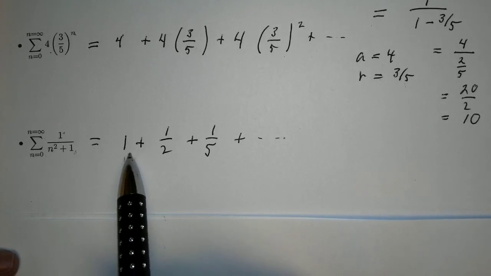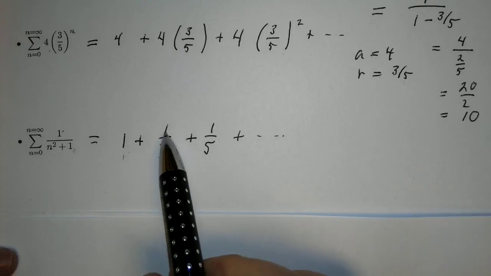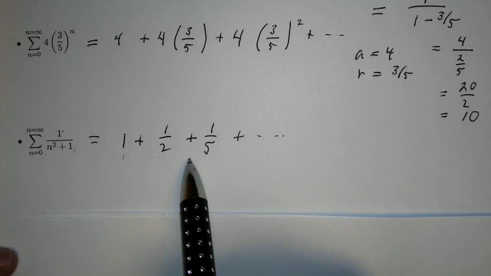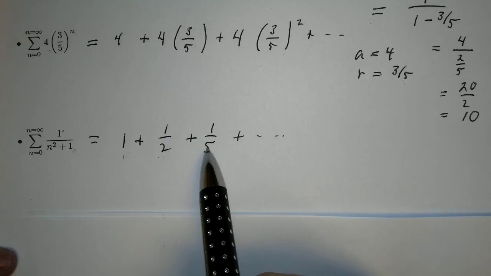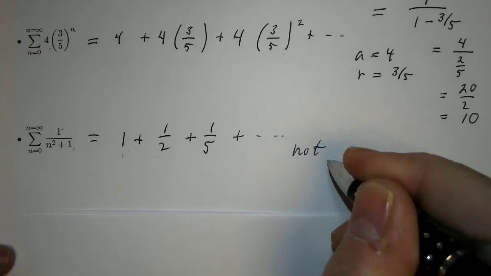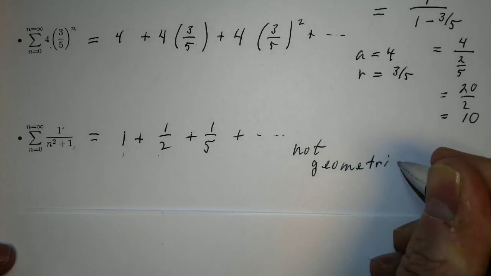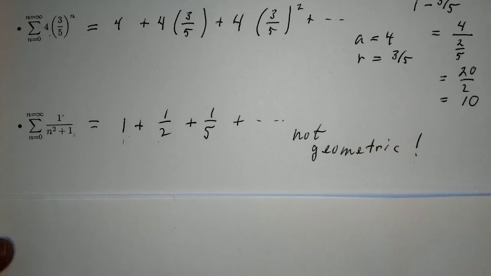I multiply 1 by a half to get a half. I would therefore need to multiply 1/2 by a half again to get the next term if this was a geometric series. But if I multiply 1/2 times a half, I get 1/4, which is not 1/5. So this is not geometric, so our formula does not apply. We can't determine what it is.